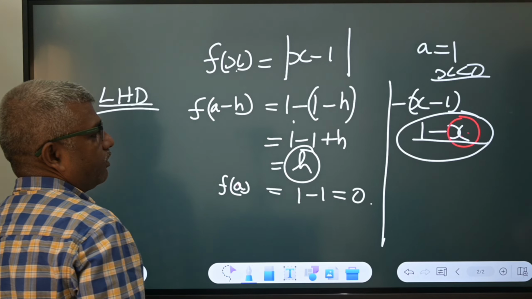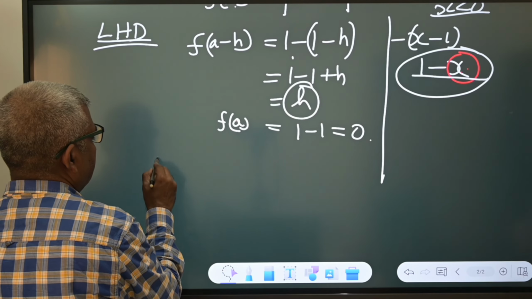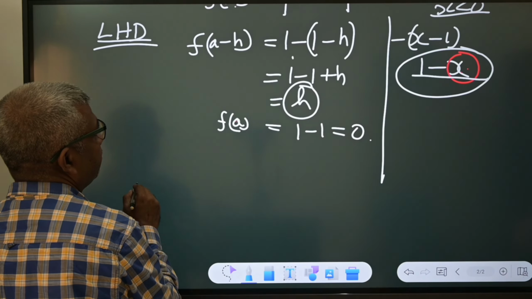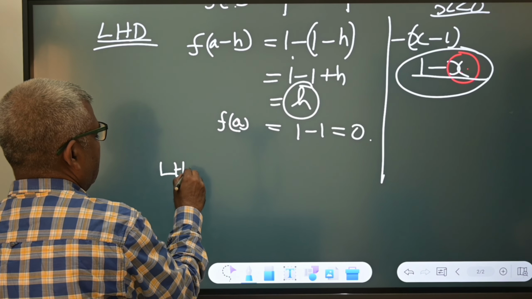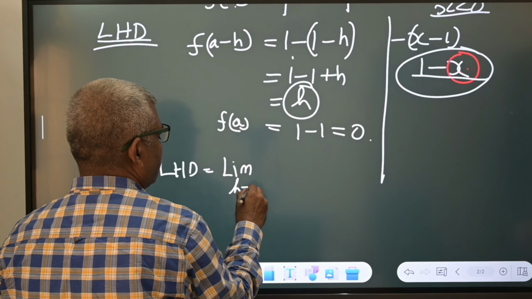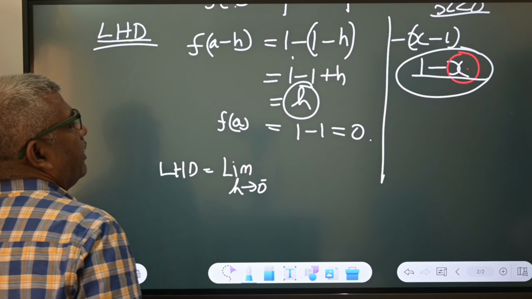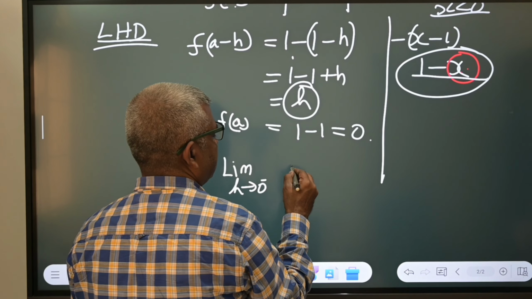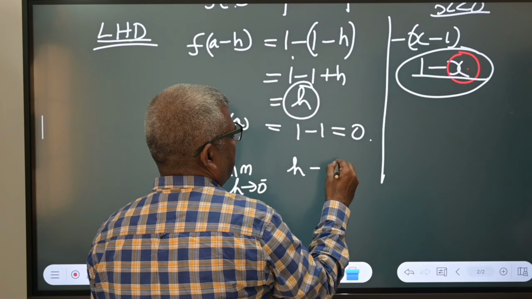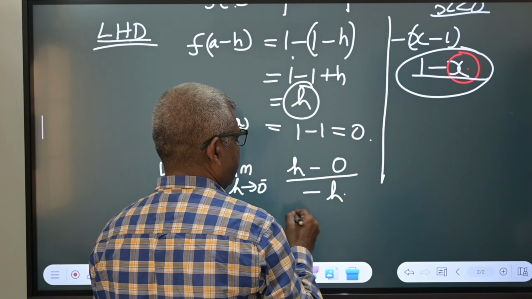Now we will go to the formula. Left hand side derivative is equal to limit h tends to 0 minus. f of a minus h is h, minus f of a which is 0, divided by minus h.